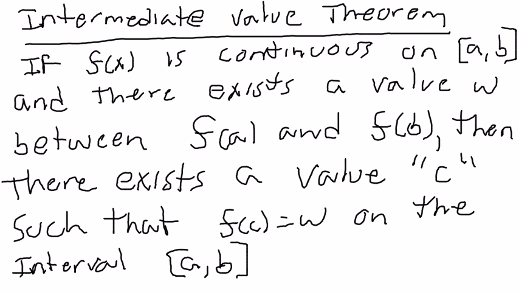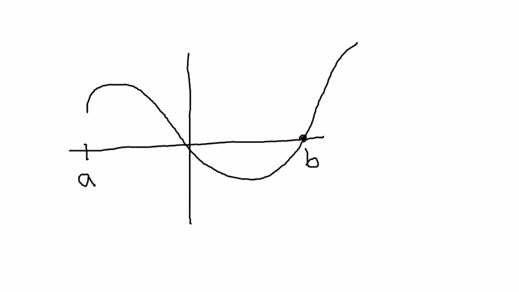You'll like it more. Let's say we had a graph something like this, and the graph went from here, and say it went to there. And let's say that on this interval, I'll let that be b right on the x-axis, and I'll let this far point be a over here. And that's continuous on that interval. So now anywhere between the points a and b, this point right up here is f of a.